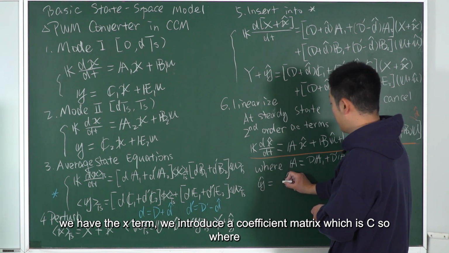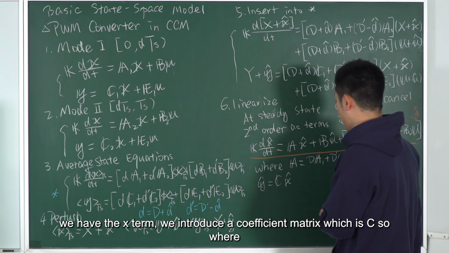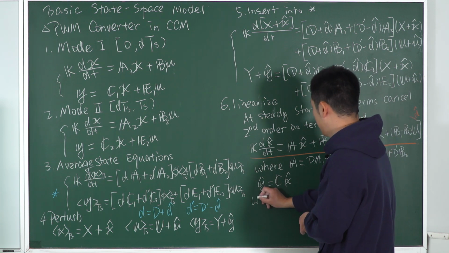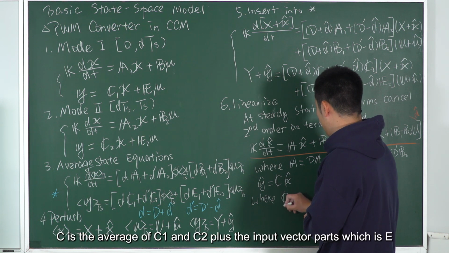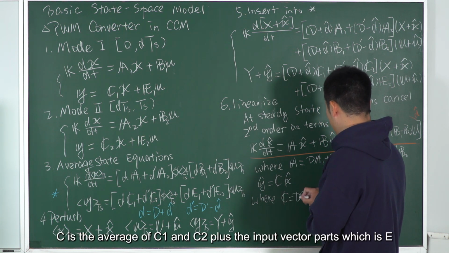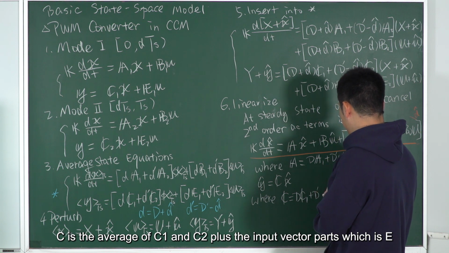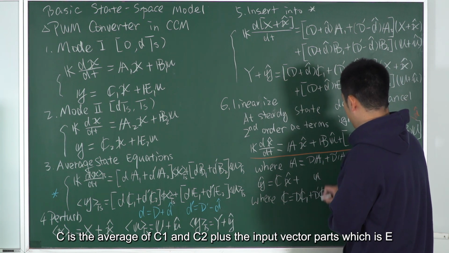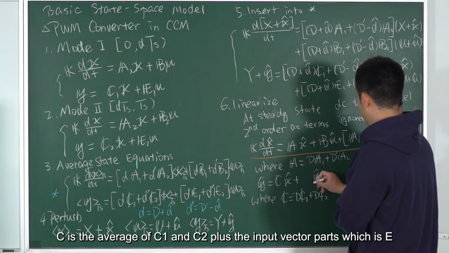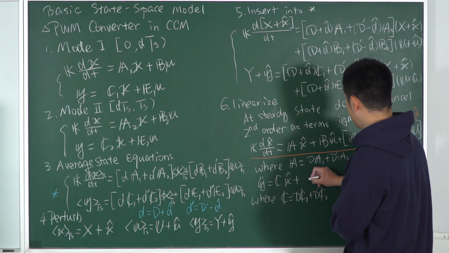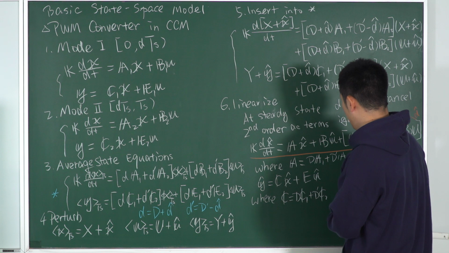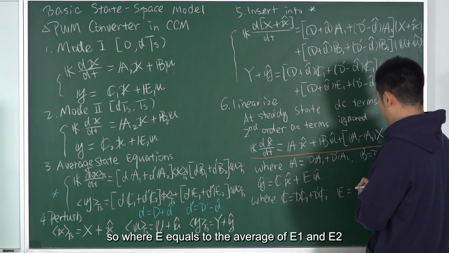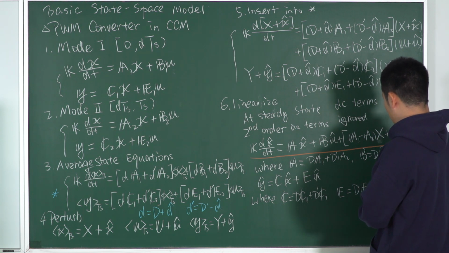We introduce a coefficient matrix, which is C, where C is the average of C1 and C2, plus the input vector parts, which is E. So where E equals to the average of E1 and E2.